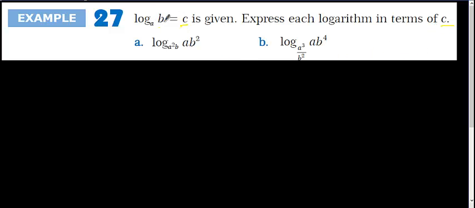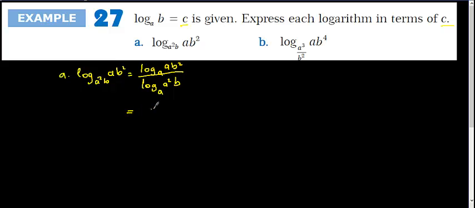So the base, if it is a, for logarithm base a square b of a b square, it is going to be equal to logarithm base a of a b square over logarithm base a of a square b.